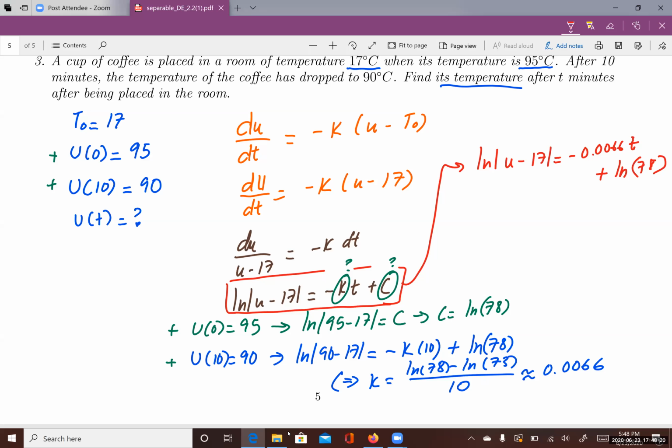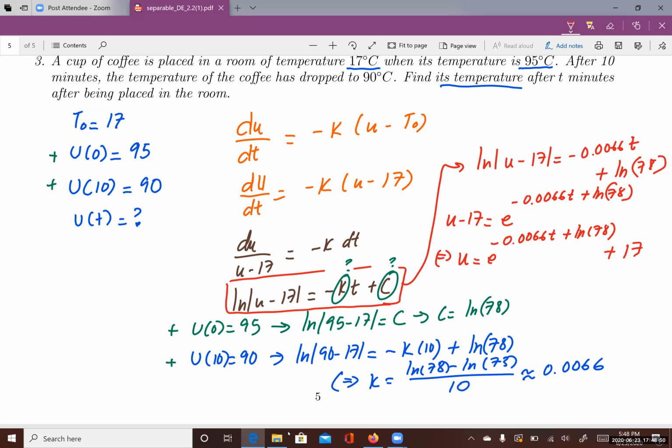I would take u minus 17 equals e to the negative 0.0066 t plus natural log of 78. Then u equals e to the negative 0.0066 t plus natural log of 78, plus 17.